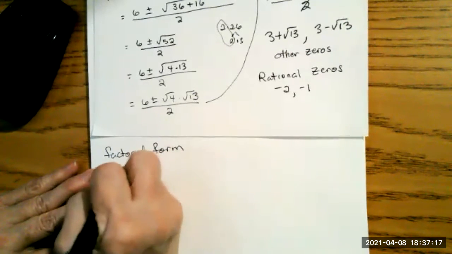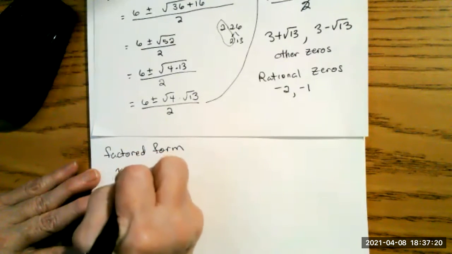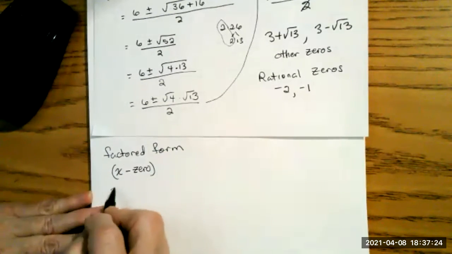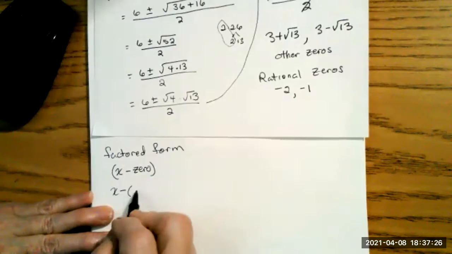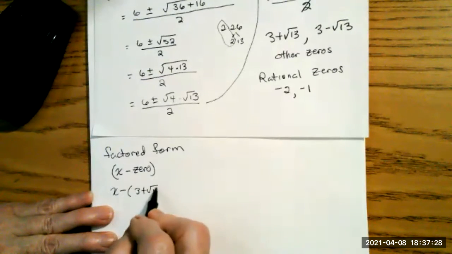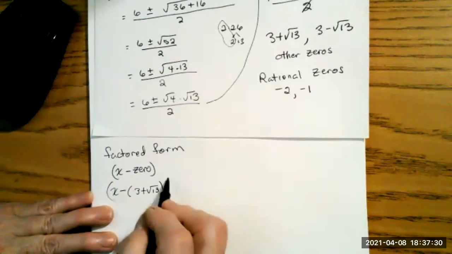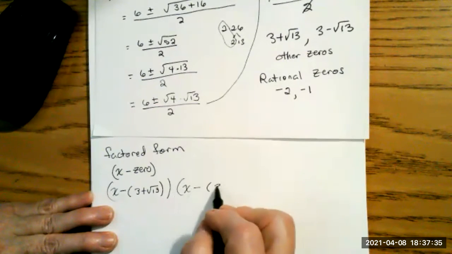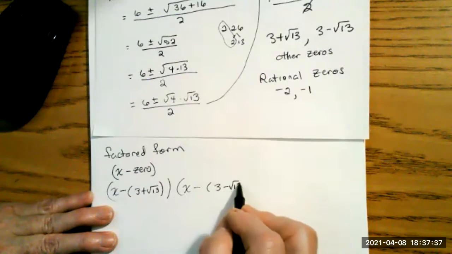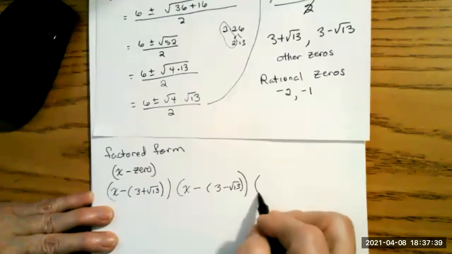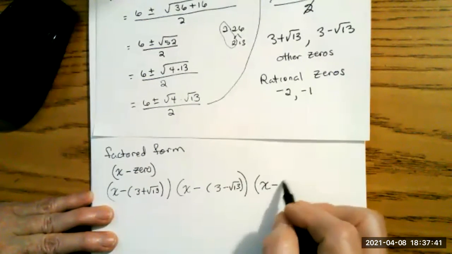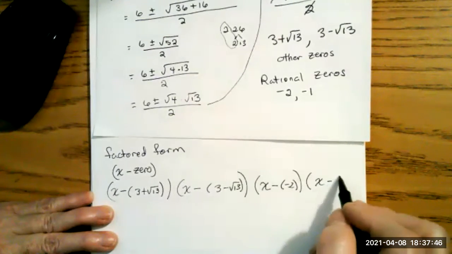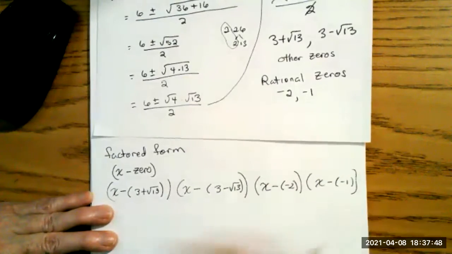It's x minus the 0 is the shortcut. So I'm going to have x minus 3 plus the square root of 13, x minus 3 minus the square root of 13, x minus a -2, and x minus a -1.